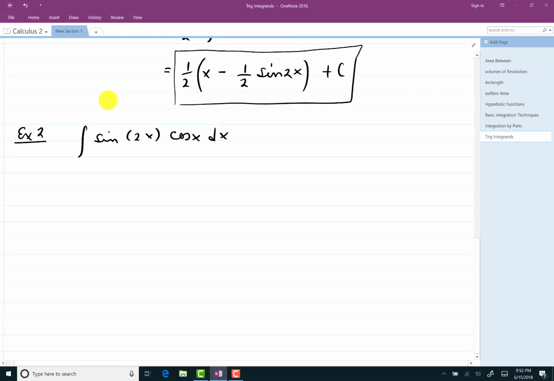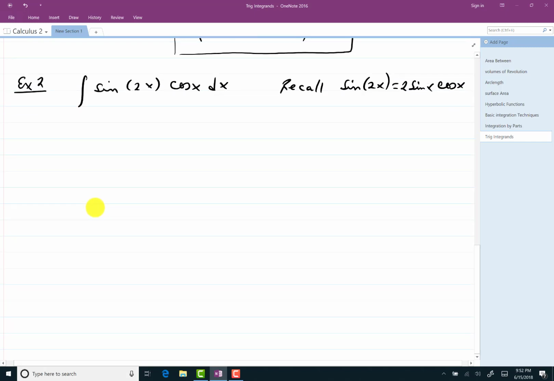But you should recall another identity, that sine of 2x equals 2 sine of x cosine of x. So this integral becomes 2 sine of x cosine squared of x dx. That's because I took this cosine of x and multiplied it to that one.